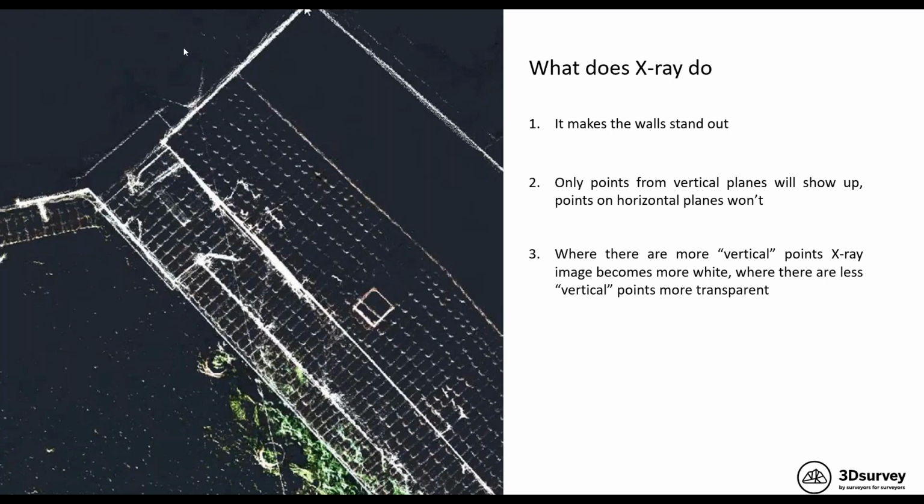Those on the roof with an angle might show up, but they will be more or less transparent. Where we have more vertical points, the stronger the color will be. So the resulting image will look like an X-ray image, like the one we take when we go to the doctors to check our bones or something like that.